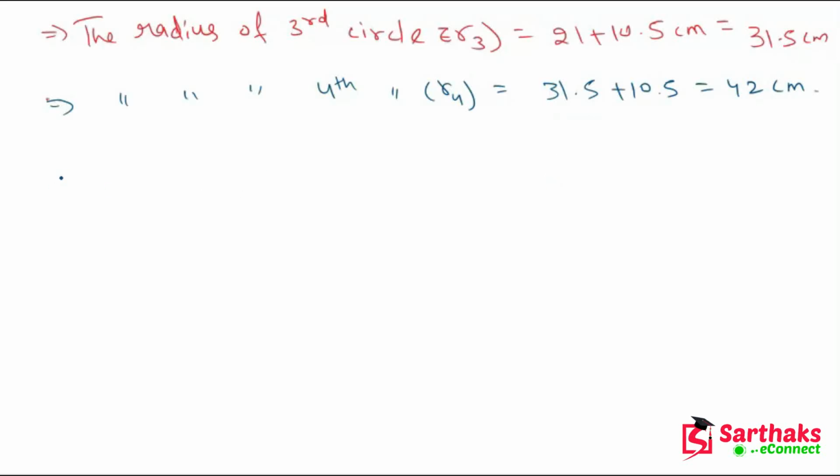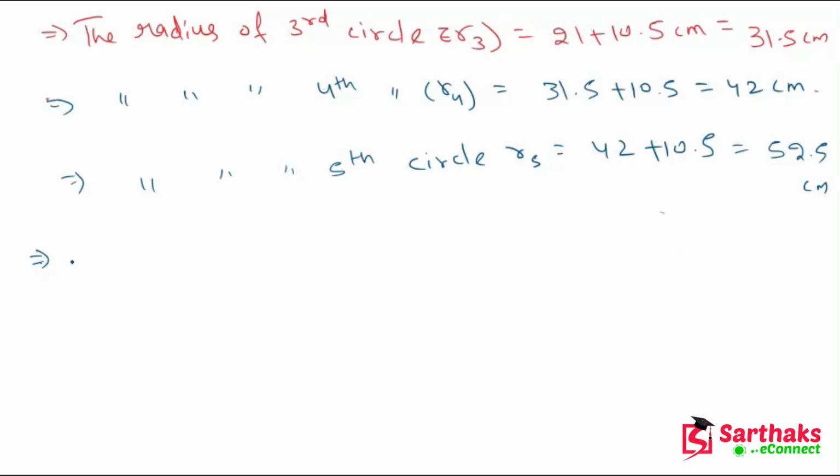Now the radius of the fifth circle, R5, equals 42 plus 10.5 centimeter, so this will give 52.5 centimeter.